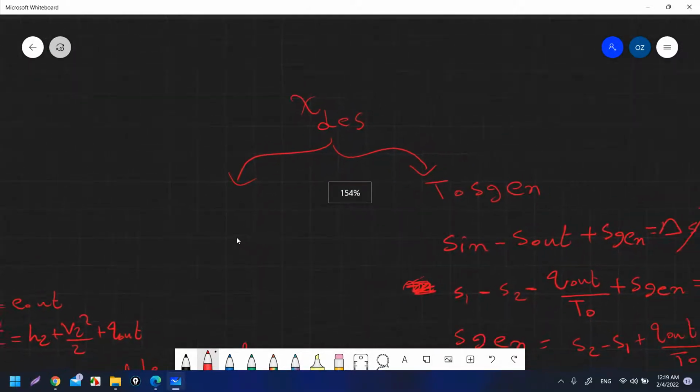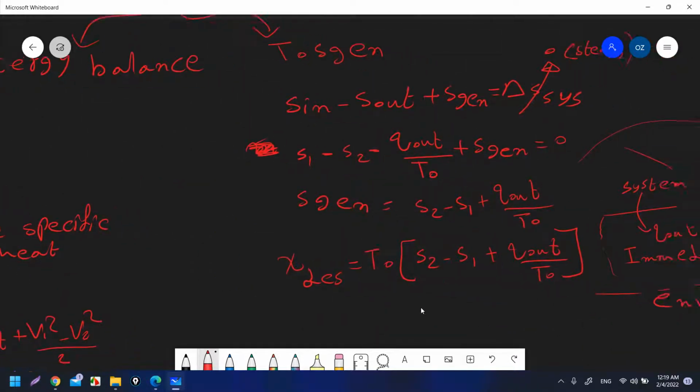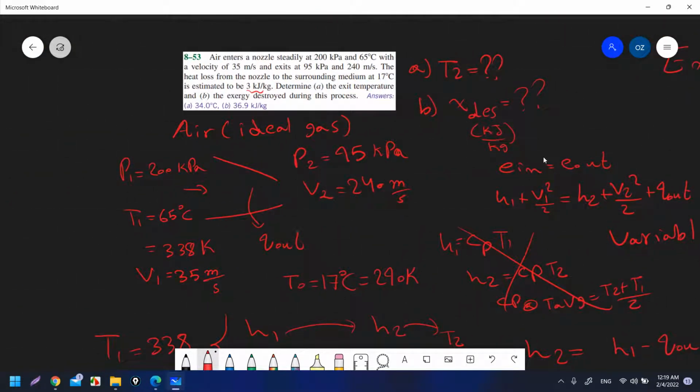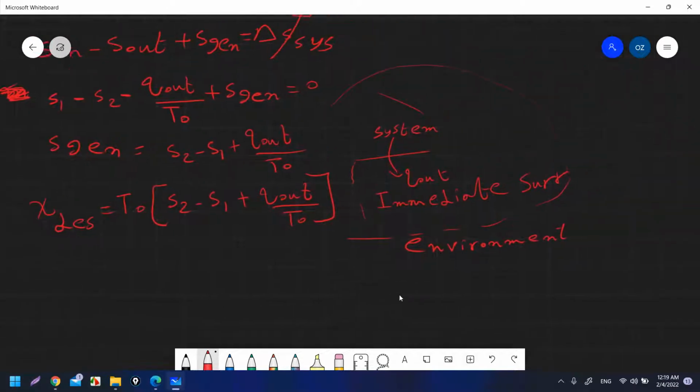When you say that you will take the exergy balance, but not around the system itself. You will not take exergy balance here about the system itself. No, you will make exergy balance around the whole system and the immediate surrounding.